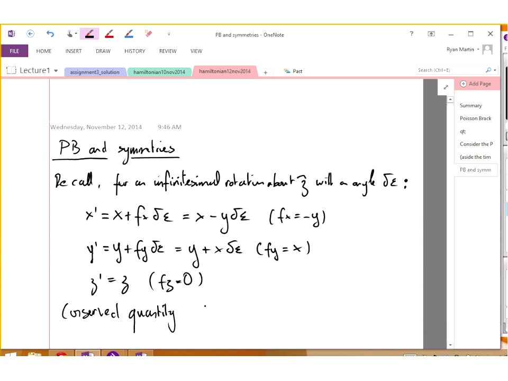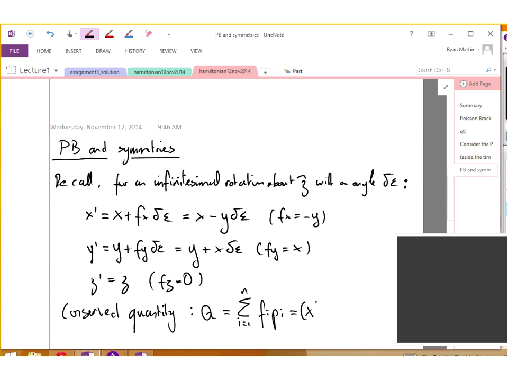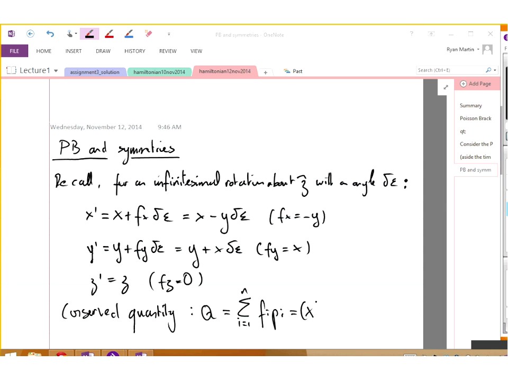But suppose you found that the Lagrangian is indeed invariant when you do this transformation, then we found that there was a conserved quantity Q, which was given by the sum from i equals 1 to n of the fi pi, and that was equal to x times py minus y times px.